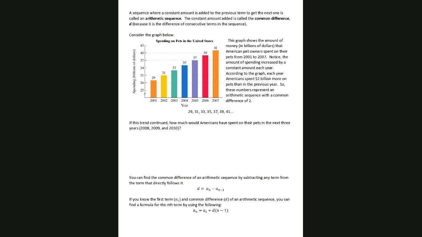So the first question is, if this trend continued, how much would Americans have spent on their pets in the next 3 years? So 2008, 2009, and 2010. Well, I know that the common difference is 2, so that's the amount that I add to a previous term to get the next one.